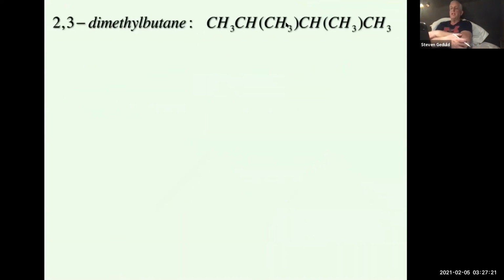Okay, let's do 2,3-dimethyl. Di means 2. So if you want to write this condensed formula, the structural formula would be CH3 connected to what?